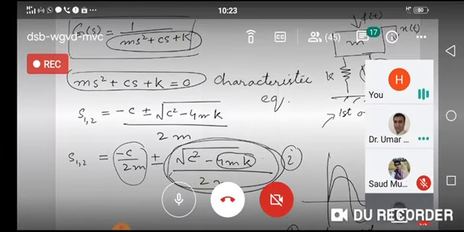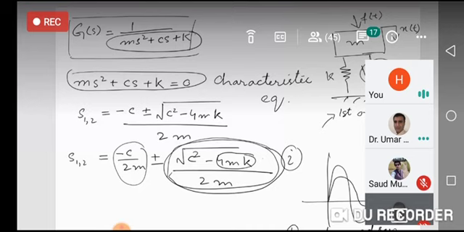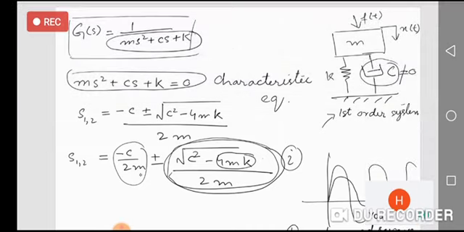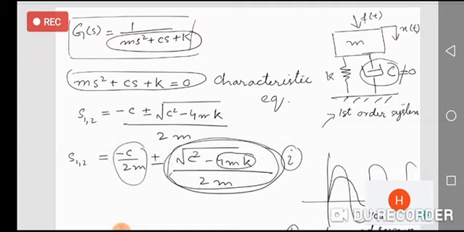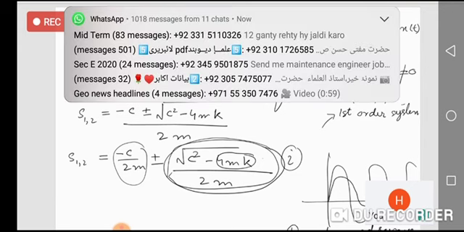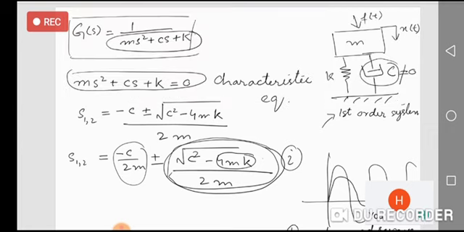Sir, if the root is complex, will the response be gradual, or will it be abrupt? What do you mean by gradual? Will a random response be there, or will it be a sinusoidal or cosine wave that repeats?